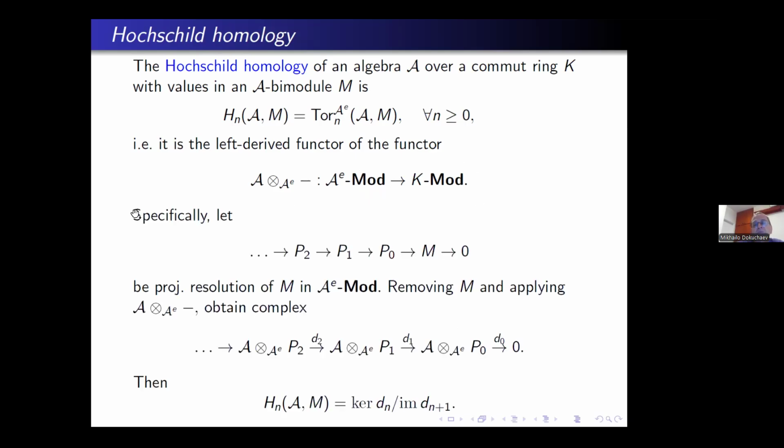It can be computed, for example, by taking a projective resolution of M, then taking the deleted resolution, tensoring by A, and so the Hochschild homology is the homology of the complex which we get this way.